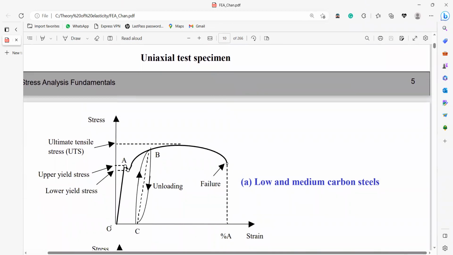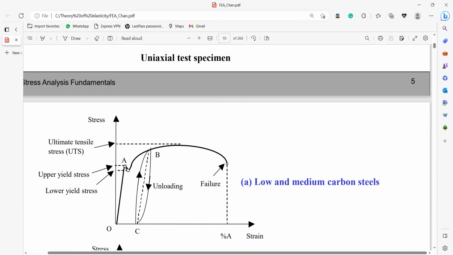And what is the elastic region? It is from O until here. And afterwards, you have the upper yield stress. This means that the yielding has begun.